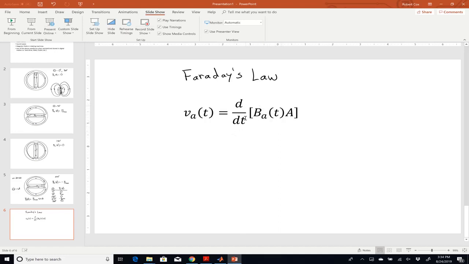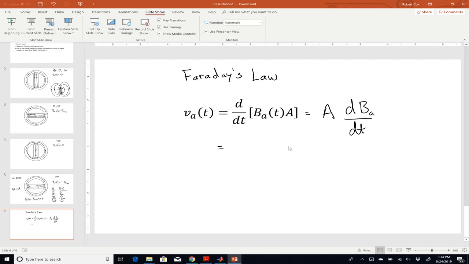So basically the rate of change of the magnetic field times the area. Now the area doesn't change, so I write this as area times dB by dt. And I say dB_A because I'm talking about the A phase.